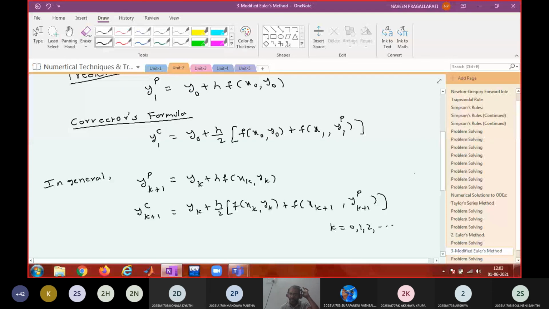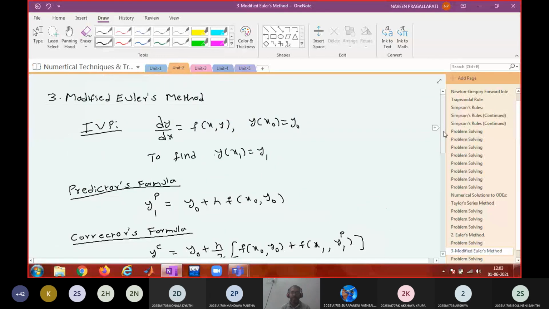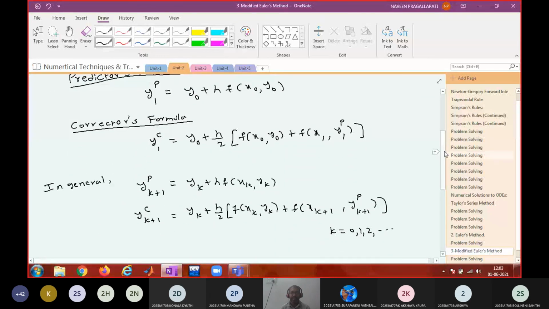This is called a multi-step method. There are several multi-step methods apart from modified Euler's method, but in your syllabus only this one is included.